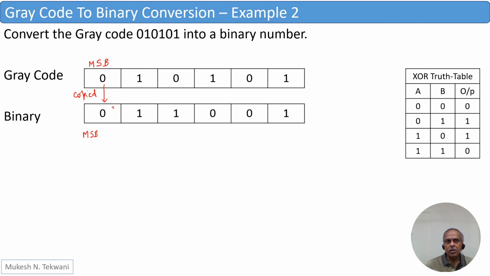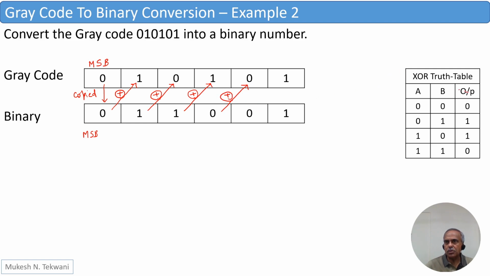But thereafter, 0 XOR 1: we will XOR this 0 with 1, that gives us 1. And then again 1 XORed with 0 gives us 1. This 1 XORed with 1 of the gray code gives us 0. 0 XORed with 0 is again giving us 0, because both bits are identical.